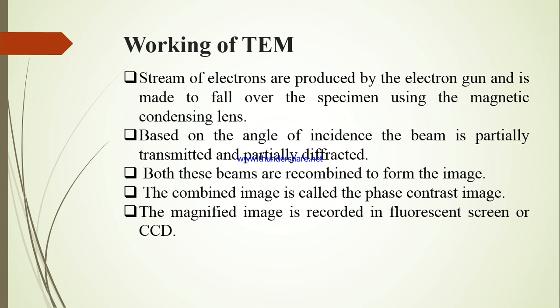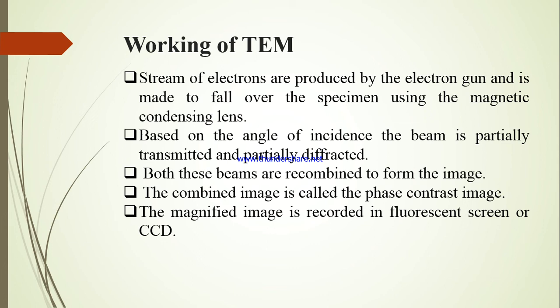Based on the angle of incidence, that is, the angle at which the electrons hit the sample, the beam is partially transmitted and partially diffracted. Both of these beams combine to form the image.